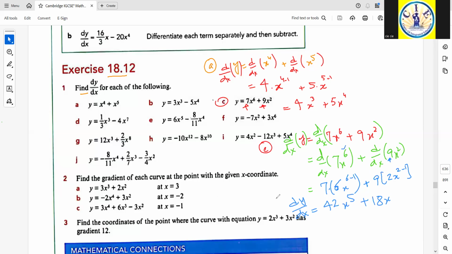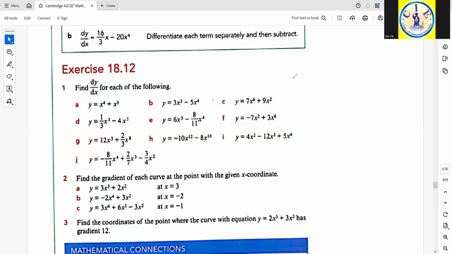Okay, in the same way, let me solve its part I, for example. So I'm going to differentiate.